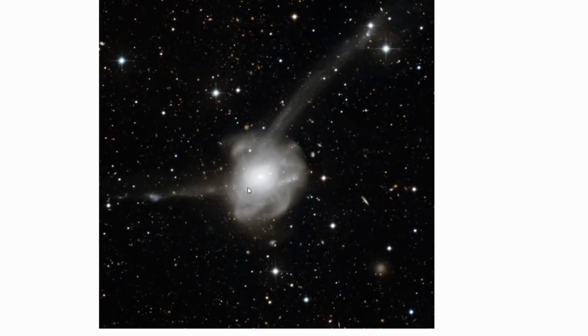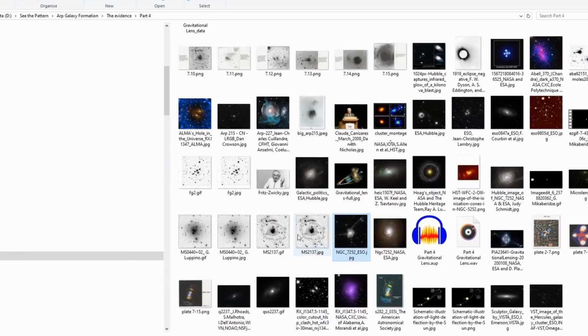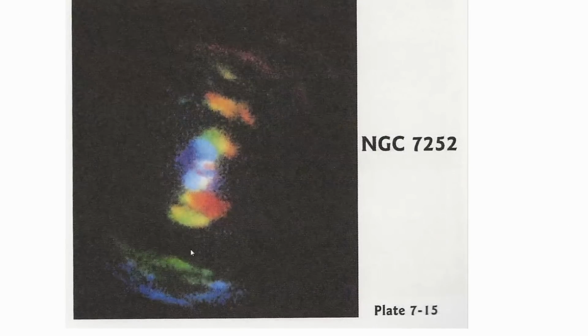And again, very clear shells in my mind, these shells. And the colored image that you see, this one here, is of that same galaxy. But then you can see the shells of material. And that's just gases that are being ejected, but they do show this concept of the shells.